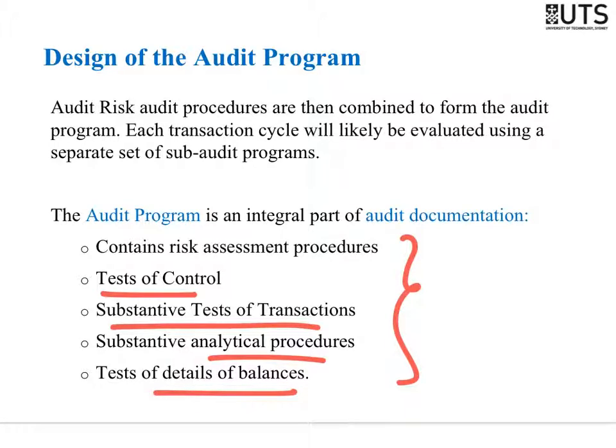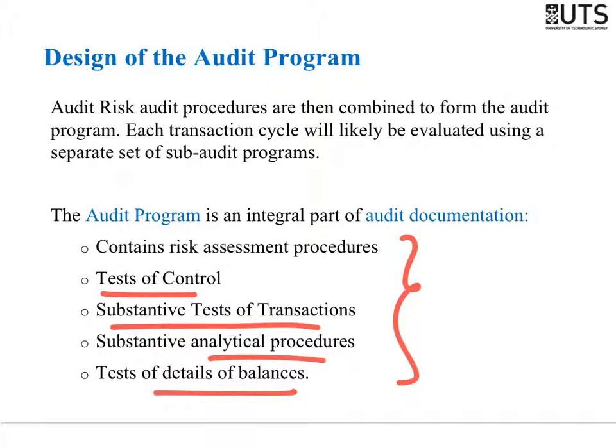Now, in particular, one thing I'll mention, I might as well mention it now. You're not only noting which of these you're doing, which combination, guys, you're also noting detail. What do I mean? Who's doing it? How are they doing the test? When are they performing the test? What evidence are you collecting?